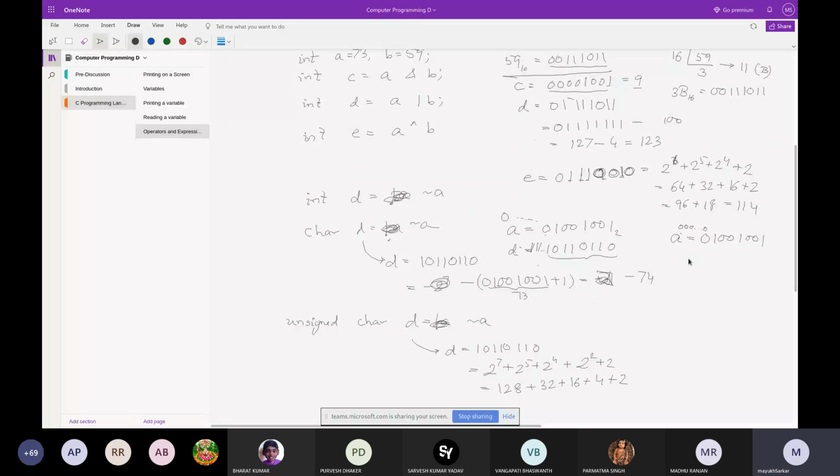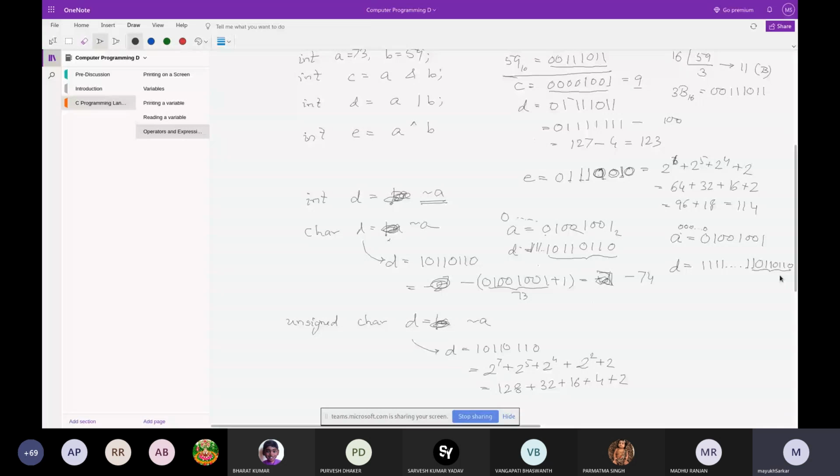Now what you're doing here is Boolean NOT. So there will be 24 ones, then from there this bit pattern starts: 1, 0, 1, 1, 0, 1, 1, 0.